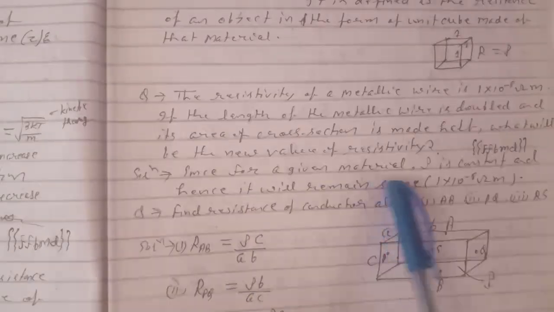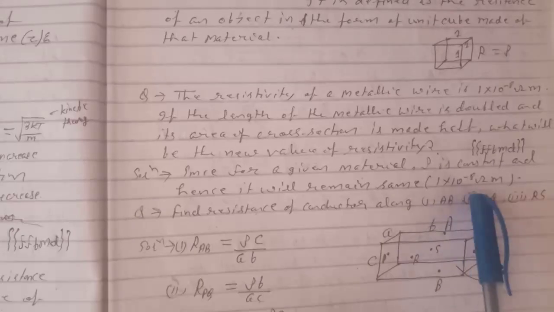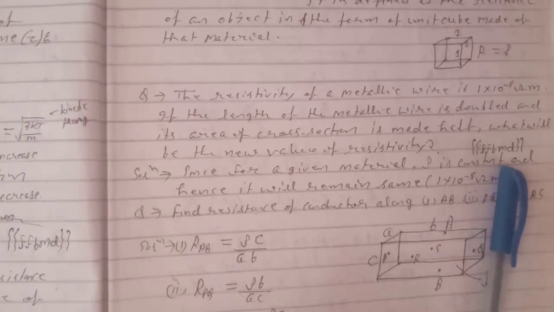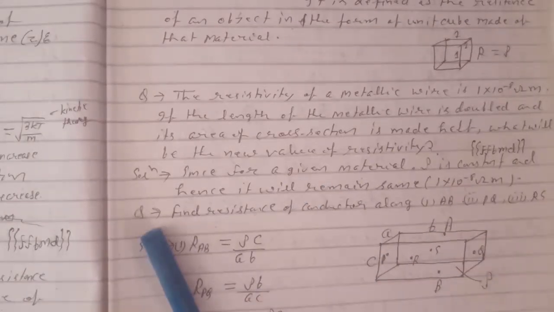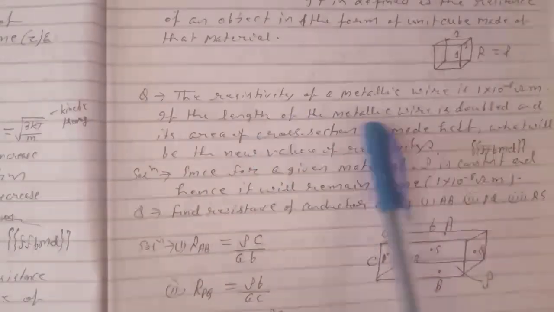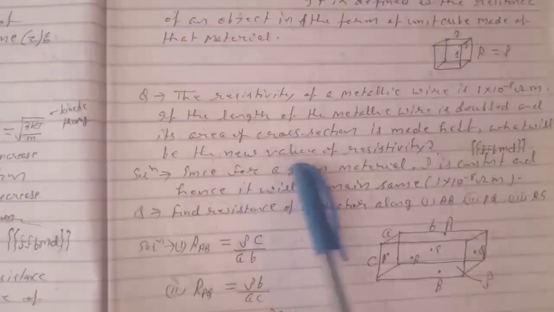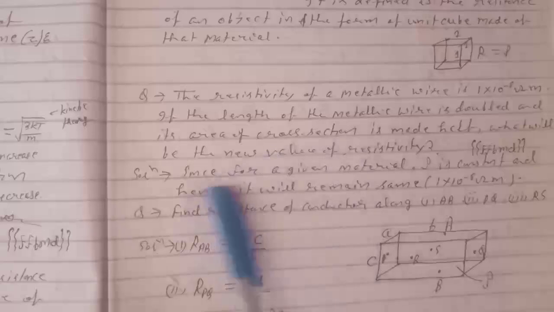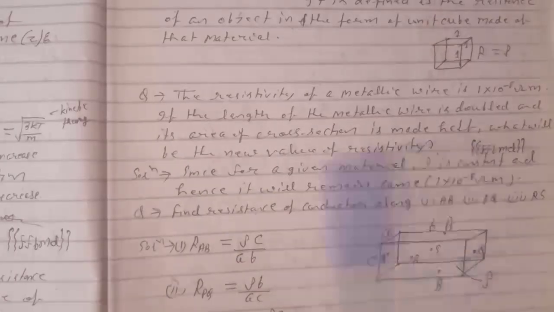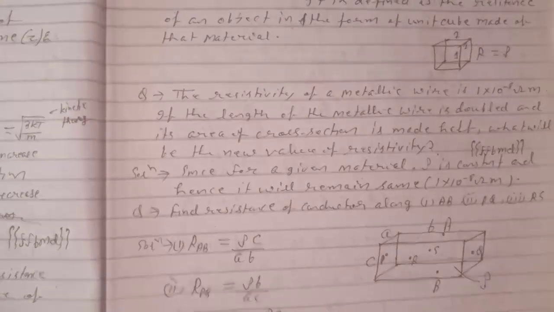Since for a given material rho is constant, it will remain the same, 1 into 10 to the power minus 8 ohm meter.